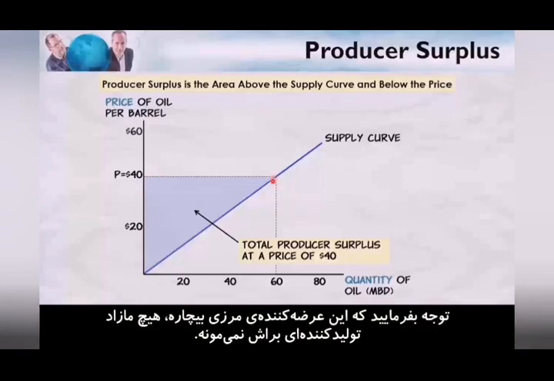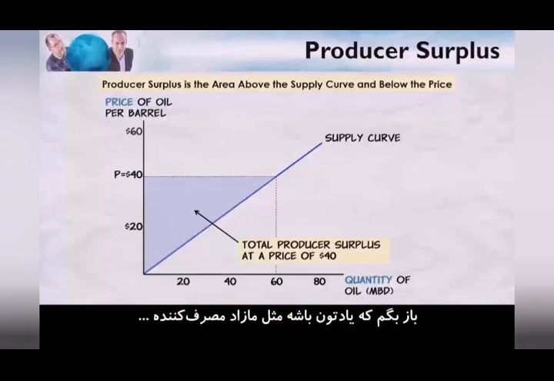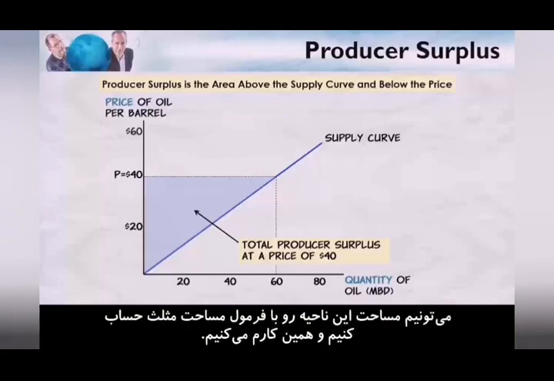And notice that the supplier on the margin earns no producer surplus at all. That is, this supplier's costs are basically equal to the price. They're not earning any producer surplus. Again, as with consumer surplus, remember that we will be calculating these areas using our formula for the area of a triangle.